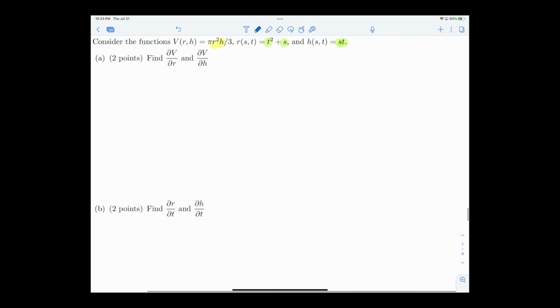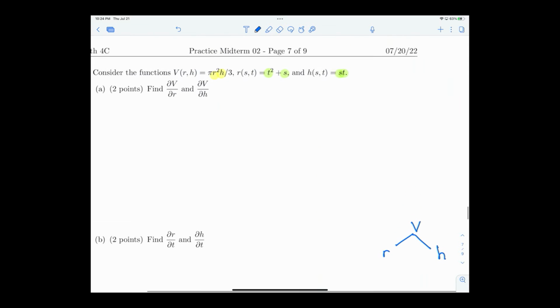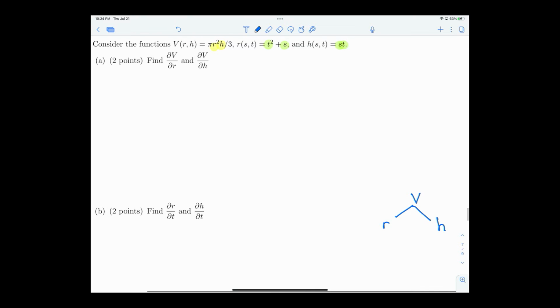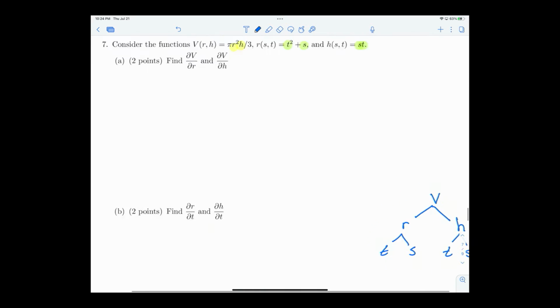But just a summary of what we have there is you have a function called V, and V has an R and an H, sorry. And then if you look at the two highlighted green there, R has a T and an S in its formulas, and H has a T and an S as well. And we'll use this little picture I made in a minute.